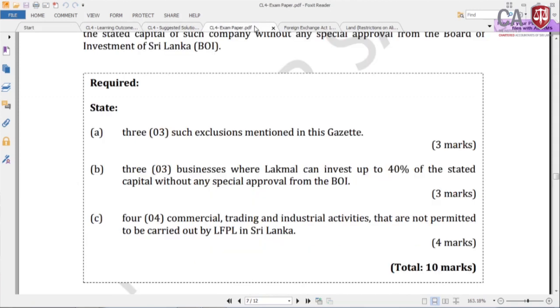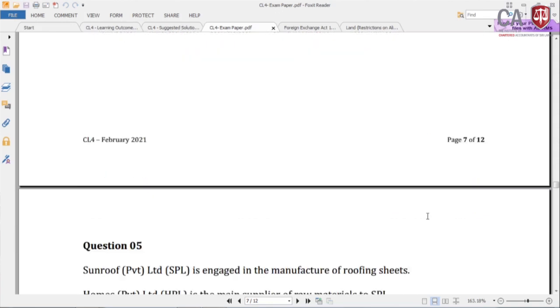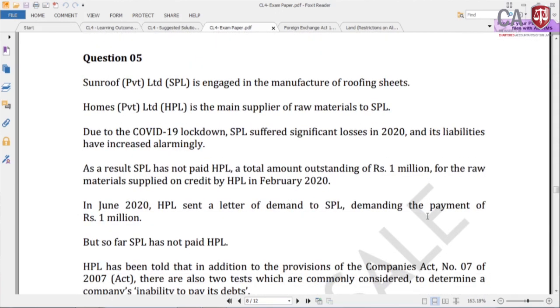Now, we go to question 5. Sunroof Private Limited is engaged in manufacture of roofing sheets. Homes Private Limited is the main supplier of raw materials to Sunroof Private Limited. Due to the COVID-19 lockdown, SPL, Sunroof Private Limited, suffered significant losses in 2020 and its liabilities have increased alarmingly.